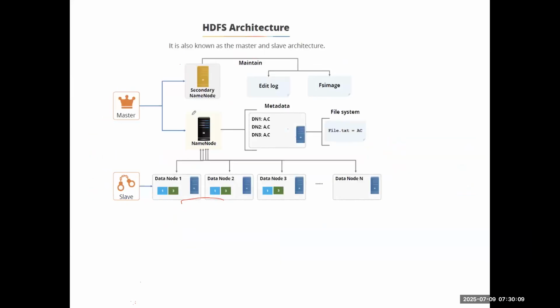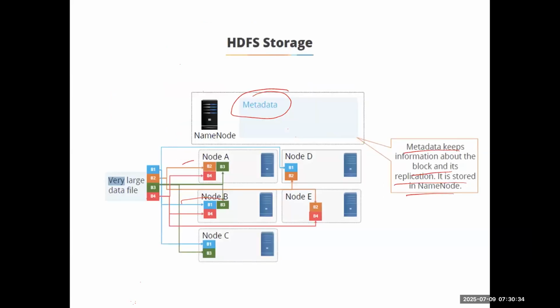We have this name node, and it has the metadata. There is one more component, the secondary name node. What does the secondary name node actually do? The name node here is a single point of failure. If a data node goes down, I still have my data in other places because we keep the replication factor.